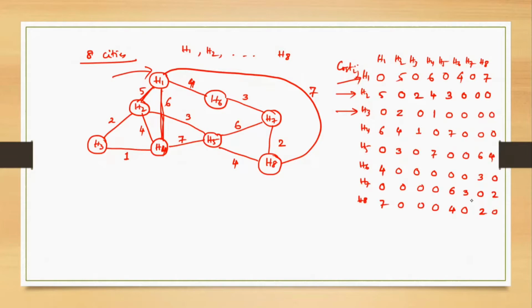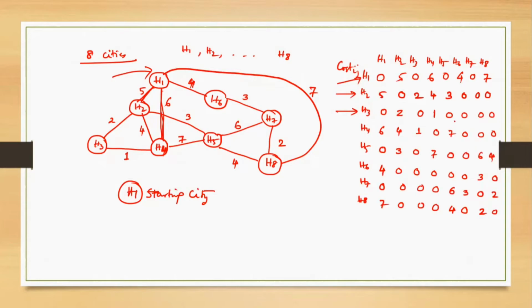Once you prepare the cost matrix, the problem is almost solved. As I told, select any one arbitrary city as the starting city. Assume that H1 is the starting city. We have to come back to H1 after all other cities have been visited once.